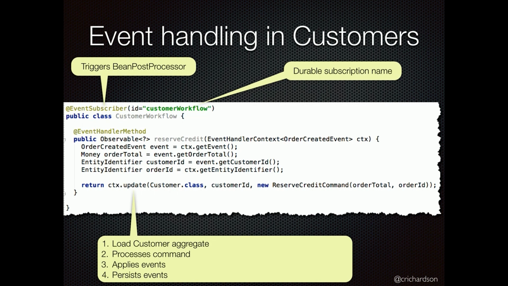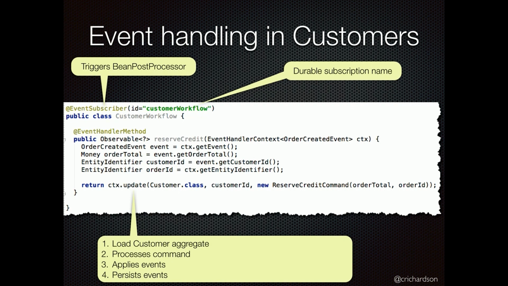And then the actual event handler class defines one or more event handler methods that are annotated appropriately. So the reserve credit event handler subscribes to an order created event, and it basically tells the customer to reserve the credit. It's written in terms of the event handler context, a helper class that has methods such as update that encapsulates the process of updating an aggregate.